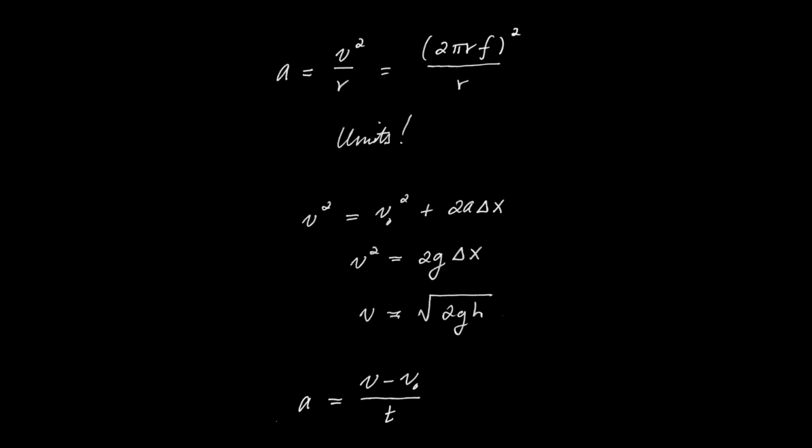I'm going to drop the test tube from rest, so I'll set the initial speed equal to 0. So the final speed squared is equal to 2g, the acceleration falling under the influence of gravity, times delta x, which is the height from which I drop the test tube. And so I calculate that speed when the test tube hits the ground is the square root of 2gh.